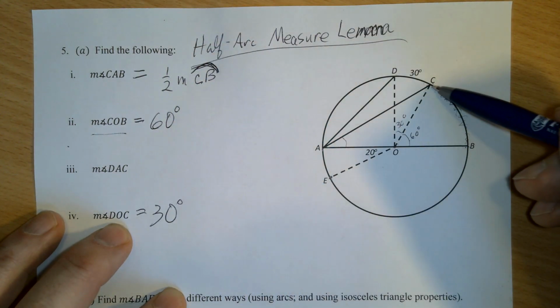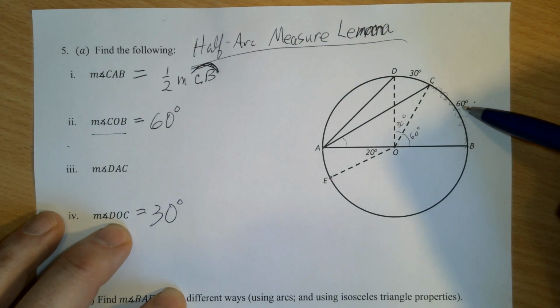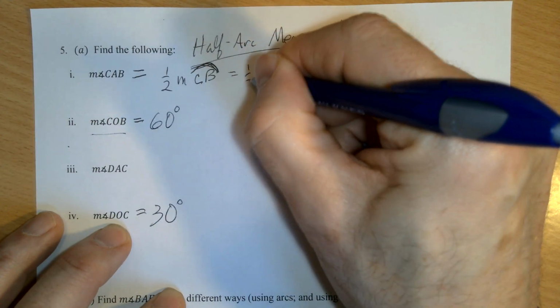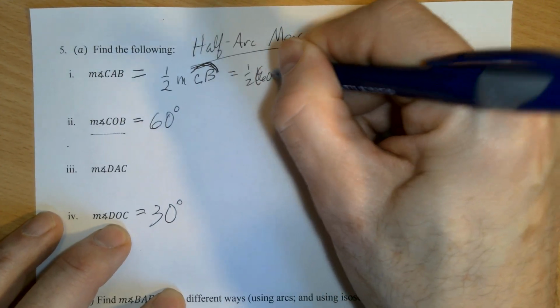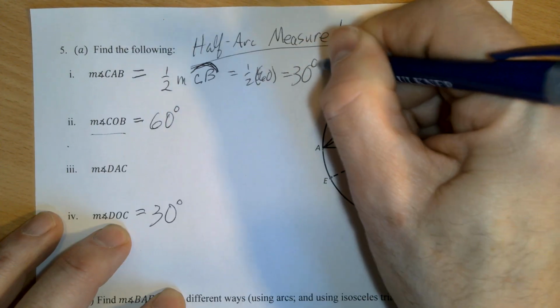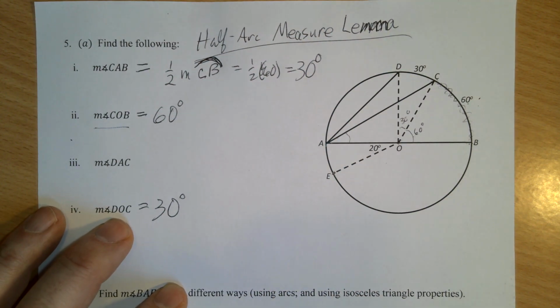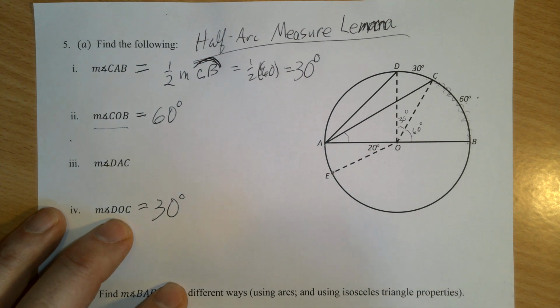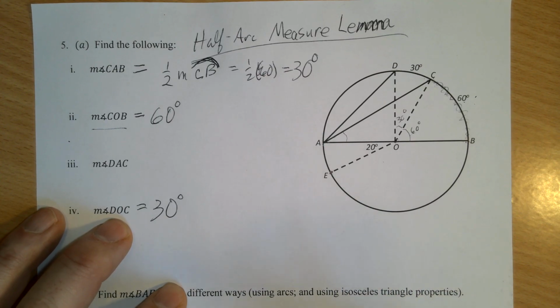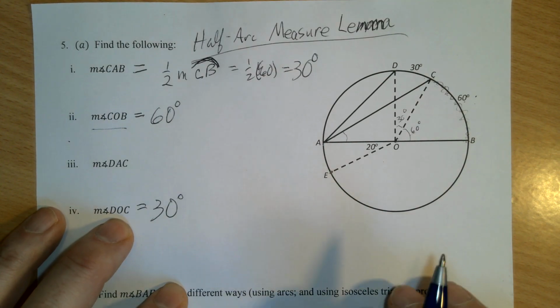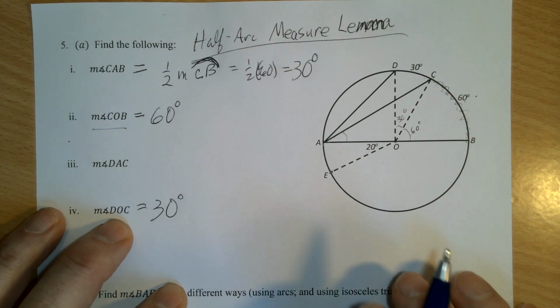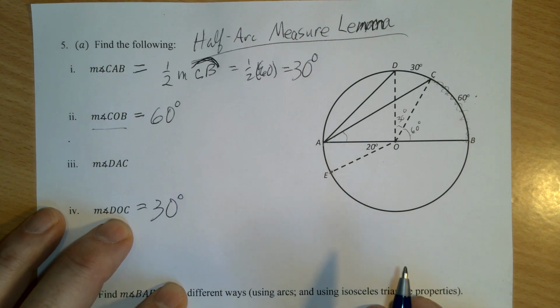And what is the measure of the arc CB? It's 60. So this will be 1/2 of 60, or 30 degrees. So inscribed angles have measures 1/2 of the central angle.